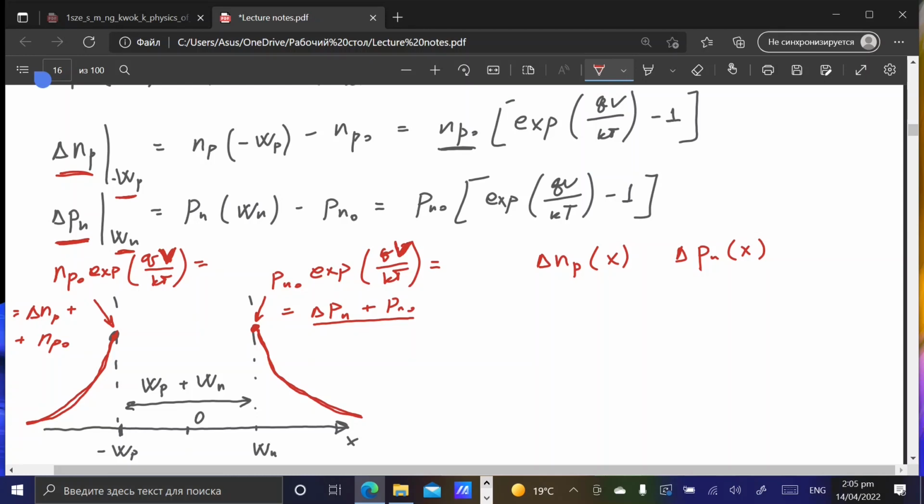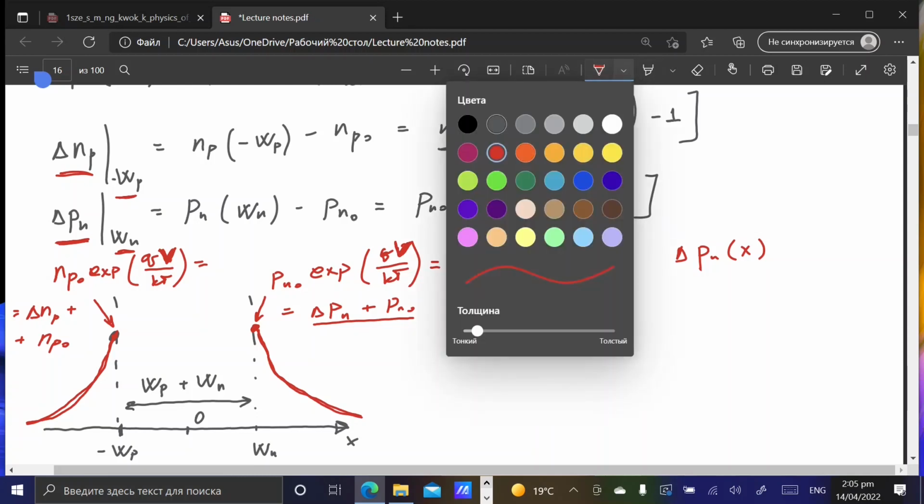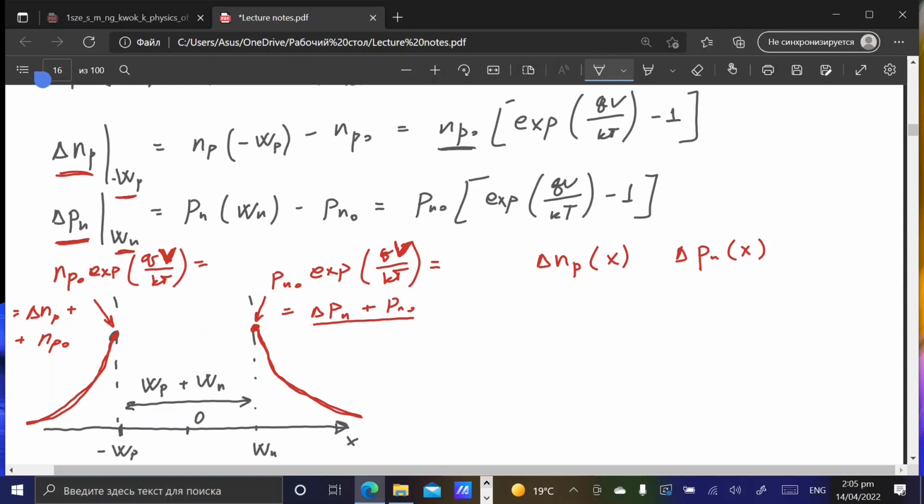But in order to get the distribution, we again need to write the continuity equation, and it will tell us the exact equation which describes this excessive non-equilibrium charge carrier profile in respective regions. So let us do that. Again, we assume that these charge carriers always remain minority charge carriers.